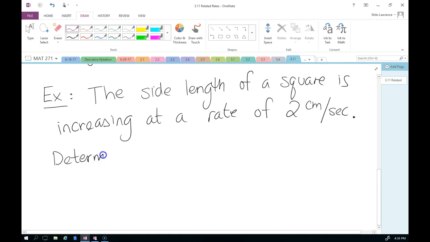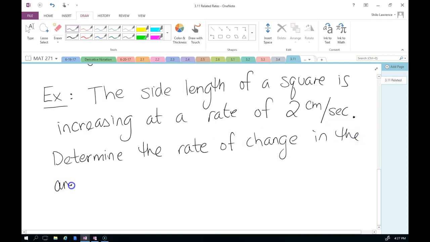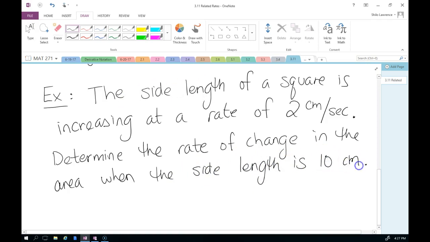Determine the rate of change in the area when the side length is 10 centimeters.